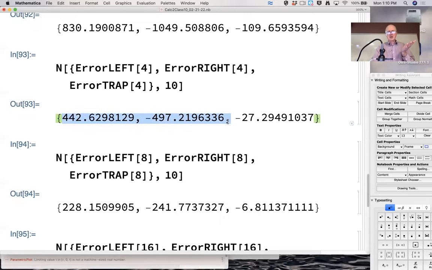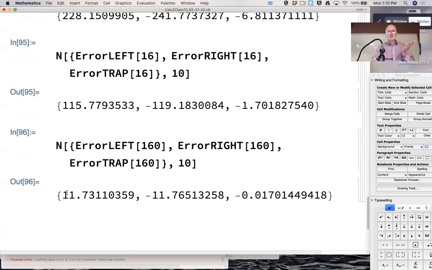But as n gets larger, like down here, when n is 160, the error in the left and right hand rules have the opposite signs, but in absolute value, they're pretty close. They're close to the same distance to 0. And that's why the trapezoid rule gives you a much better approximation.